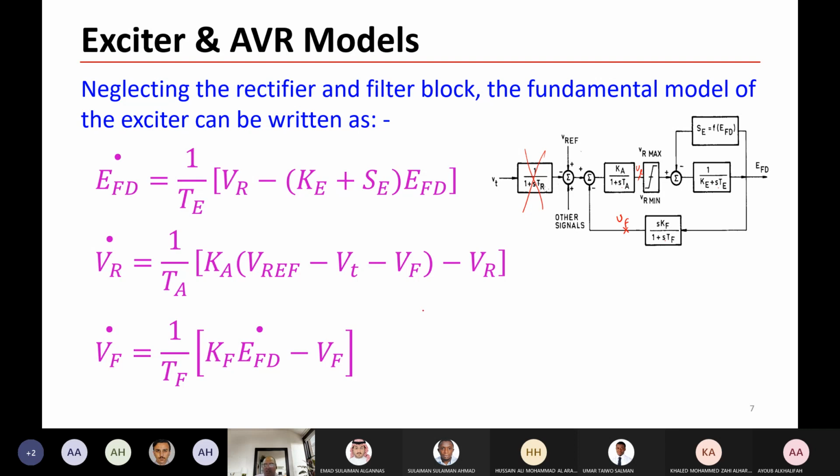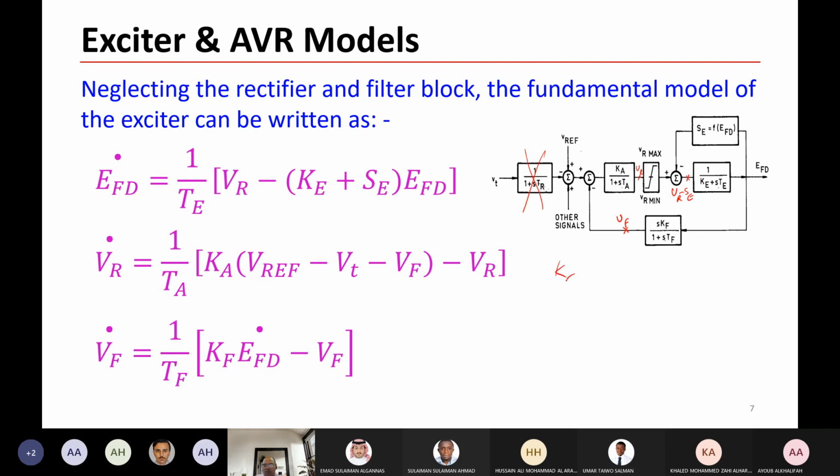So it is quite easy. For example, the signal here is VR minus SE. So this signal will be multiplied by 1, and EFD will be multiplied by KE plus SE.